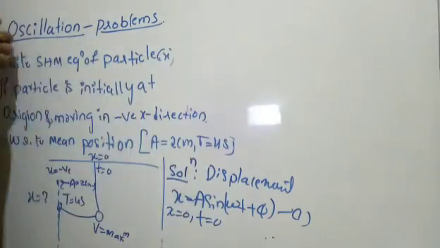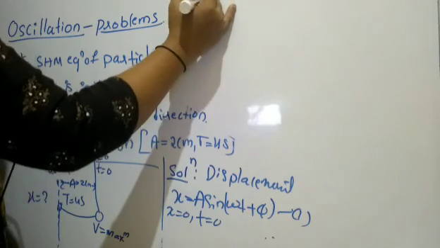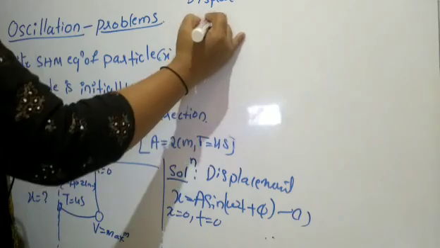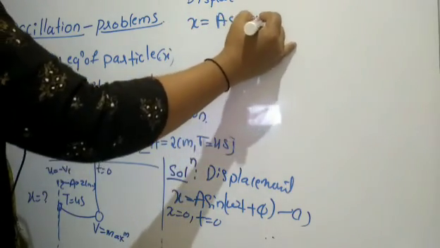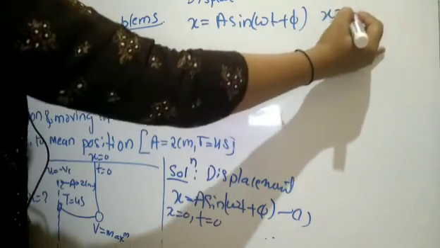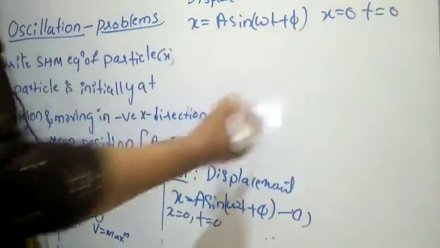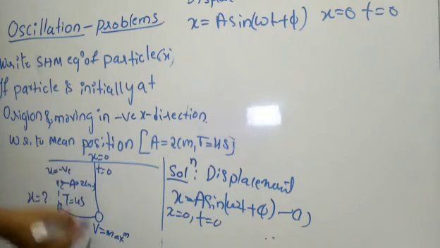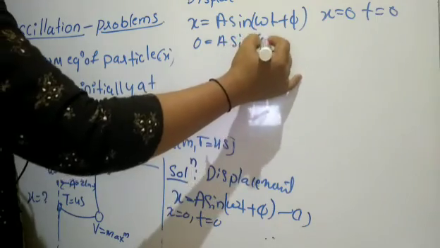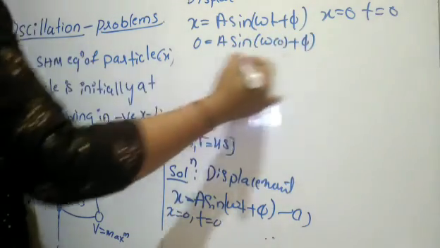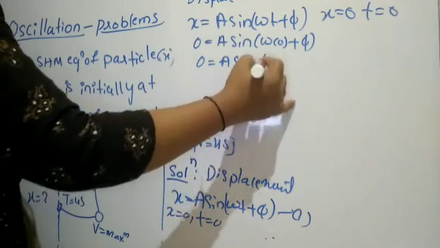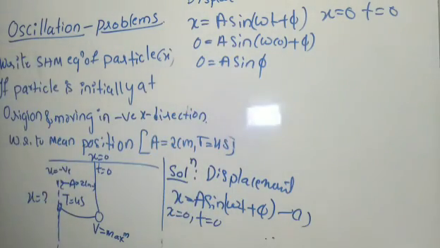As displacement, x equals a sin(omega t plus phi). Originally the particle is at the mean position, so x is equal to 0 at t equal to 0. Putting it here, a sin(omega times 0 plus phi), so we get a sin phi.